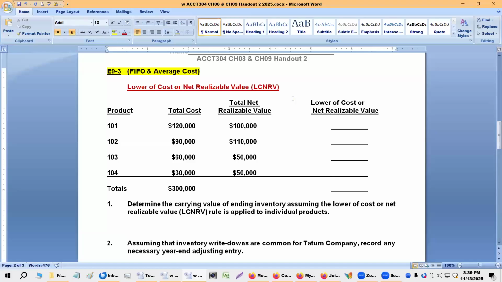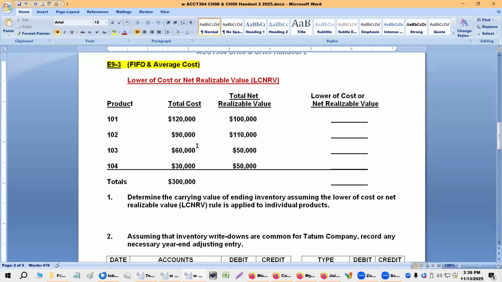And that's a problem. So what we have to do is write down that inventory to what we can sell it for. So that's all this is. It's kind of like lower of cost or market, but they call it lower of cost or net realizable value.